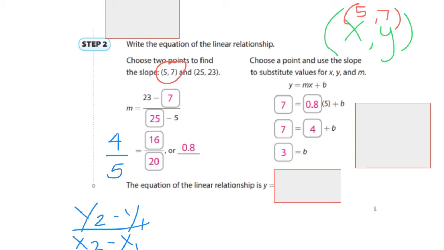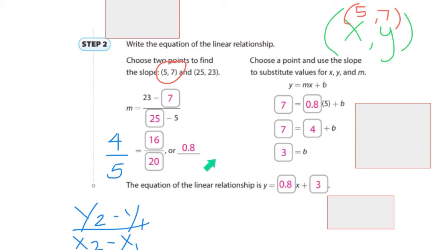Now that you have both pieces, put them together for the equation. If you have 4/5 in here, that would be correct also. They used 8/10, but 4/5 in here, I think, would work better for this problem, and I'll show you why.